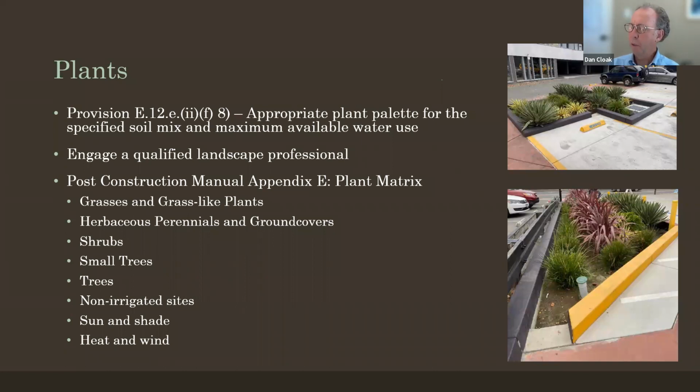But if you want the flexibility in plant palette, you want a more lush look, and obviously we've got the extended summer drought because of our climate, let alone the drought situation we have now, using the drip irrigation and smart controllers is totally the way to go, and you just often don't see the investment in it.